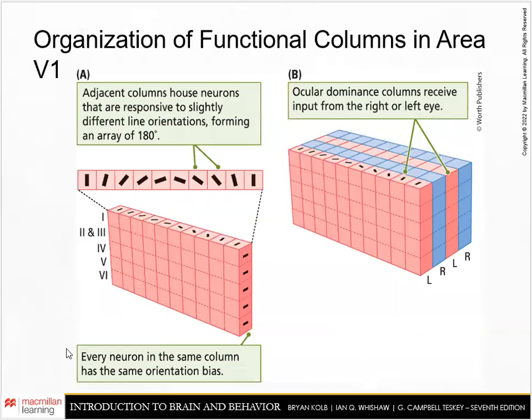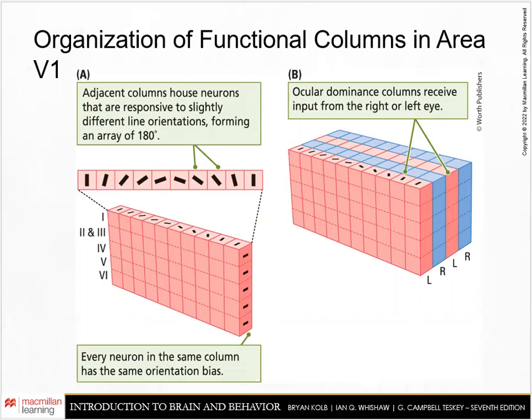And this is showing us some of those functional columns that I was just talking about. We can see here that the adjacent columns house neurons that are responsive to slightly different line orientations, forming an array of 180 degrees as it's slowly rotated across. And that continues down through each of those different layers that we were just discussing.